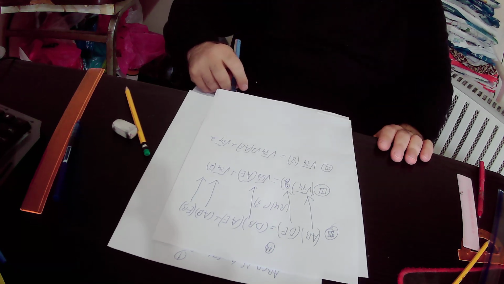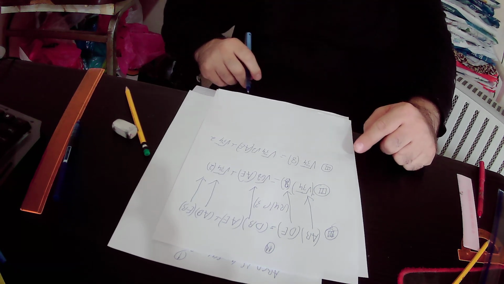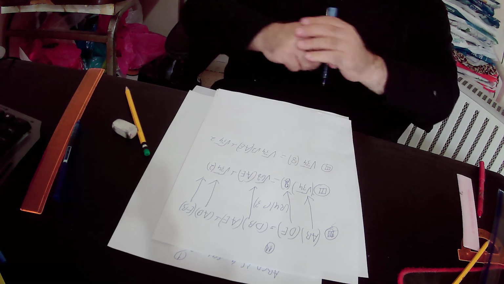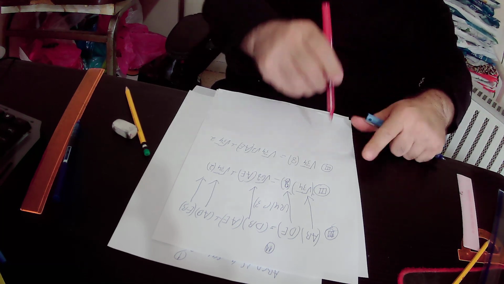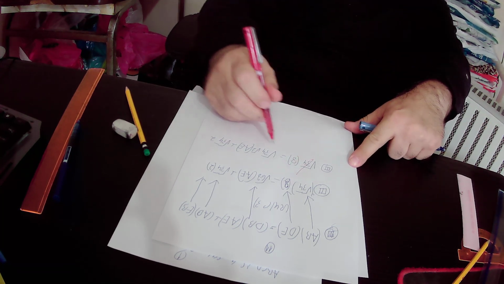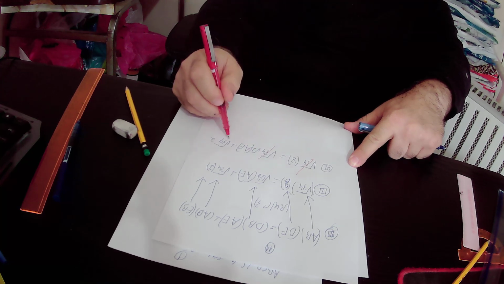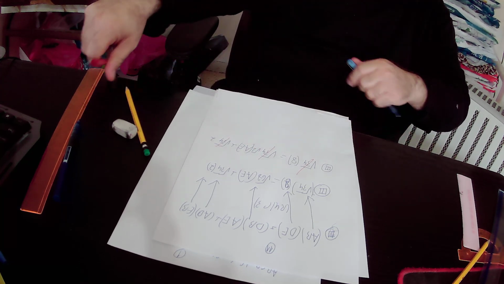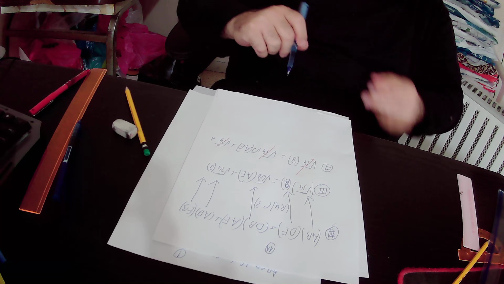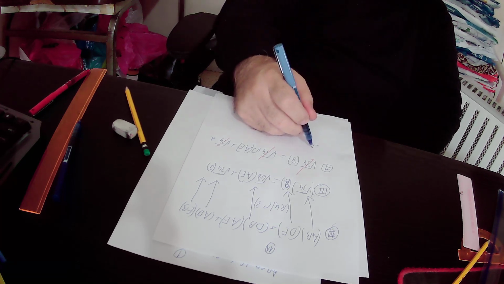So here we will divide equation number 3 by square root of 34. The square root of 34 will get cancelled. And what is left after we cancel square root of 34?